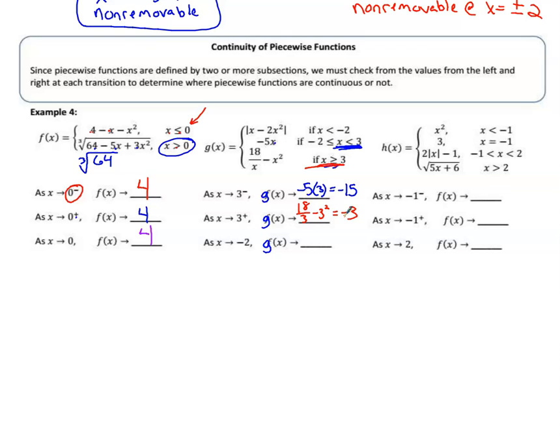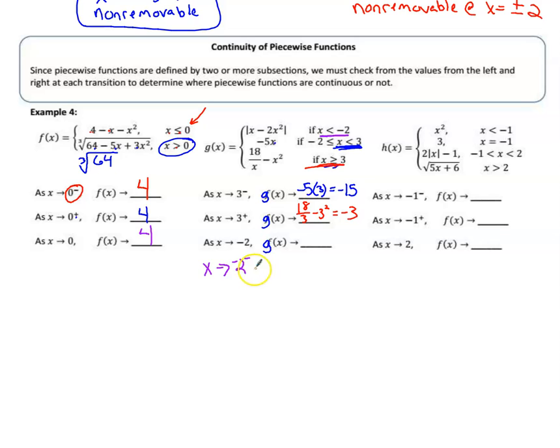But now it asks about as x approaches 2. It doesn't have an exponent, so that means from the left and from the right. Oh, negative 2, sorry. So negative 2 from the left is the top row. So x approaches negative 2 from the left. What's going to happen to g of x? Wait for my board to catch up with me.